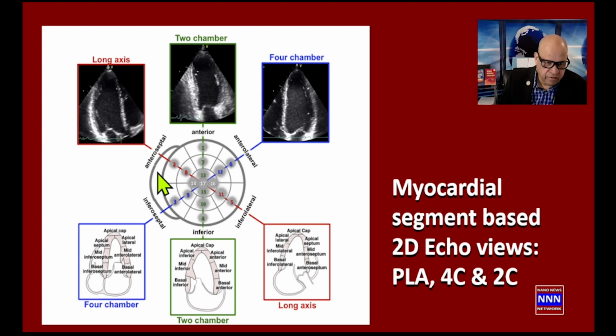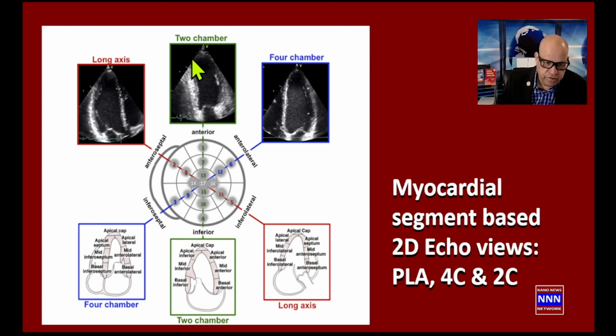If you are starting off with the parasternal long axis, you are looking at the anteroseptal area and the infralateral walls. Whereas when you go to the 4-chamber view, we are going to look at the inferoseptal. They look alike, but the walls are different. We have the inferoseptal and the anterolateral wall.